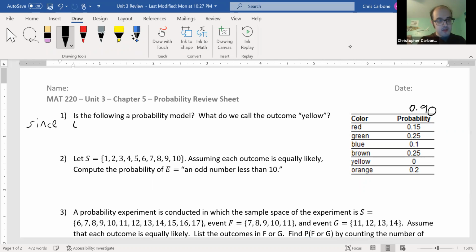So since the sum is less than 1, this table is not a probability model.